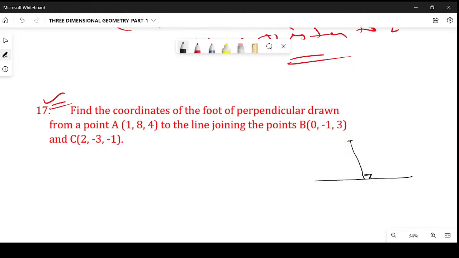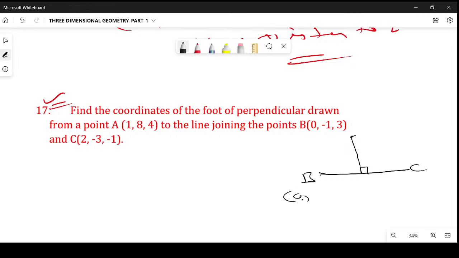This is a rough diagram; I didn't draw it exactly perpendicular, you can use a scale. This is the given line BC.